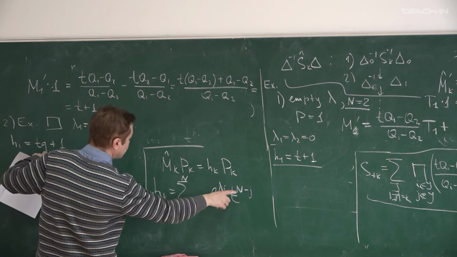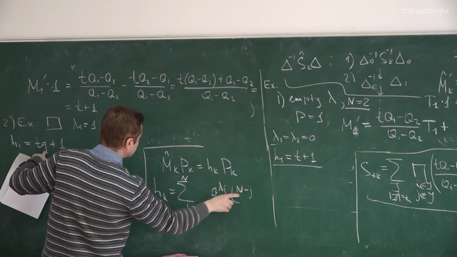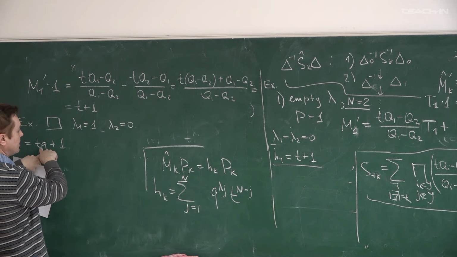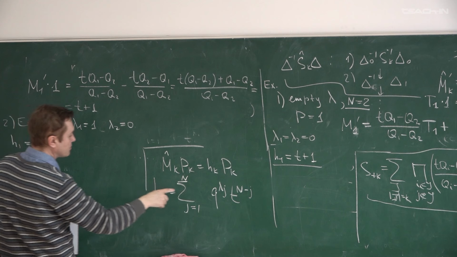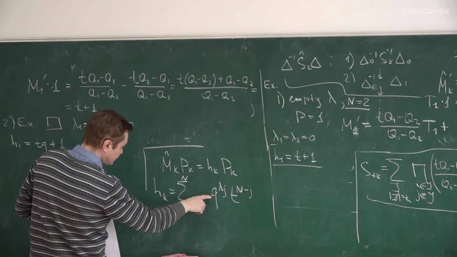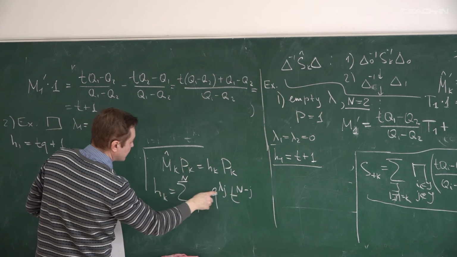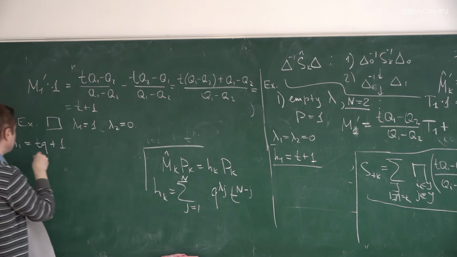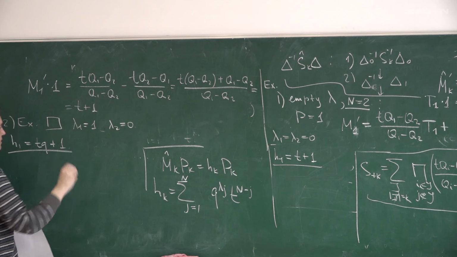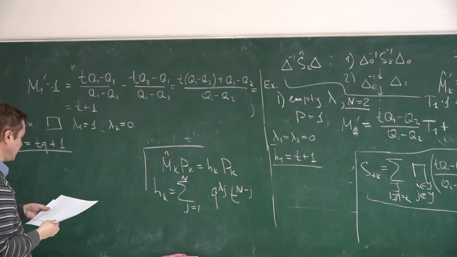And at the same time, when j is equal to 1, we have also t. And when j is equal to 2, then q to the power of 0 and t to the power of 0, that is 1. So we have this eigenvalue, and we can verify it.